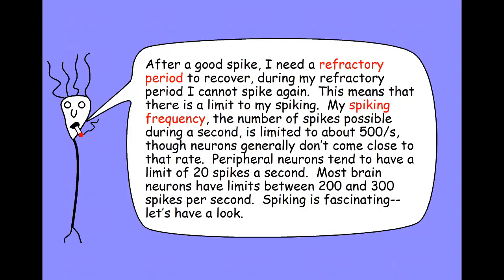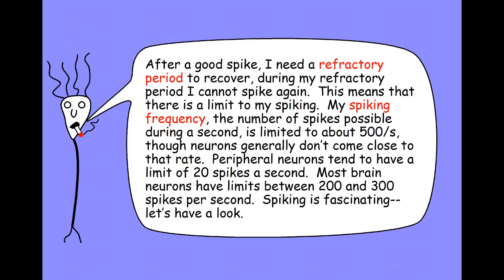Now, after there is a spike, an action potential that travels down the axon, that area of the axon enters into what's called a refractory period to recover. And during the refractory period, there cannot be a spike traveling down that part of the axon again. This means there's a limit to the number of spikes or action potentials that a neuron can transmit, sometimes called spiking frequency.